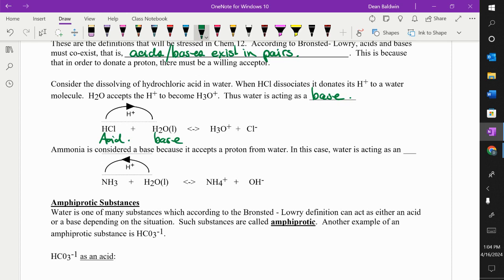All right, ammonia, NH3, will accept a proton from water to produce ammonium, the NH4 plus polyatomic ion, and OH minus, a hydroxyl group. So in this case, water is the acid.